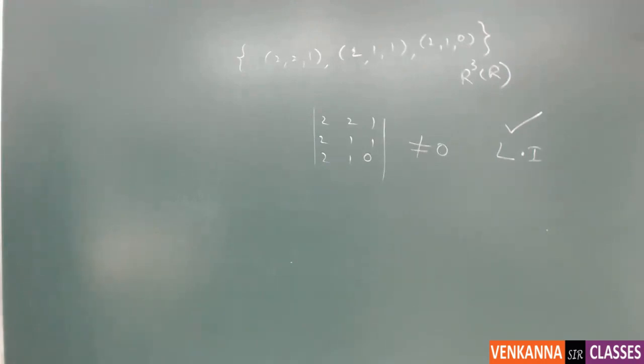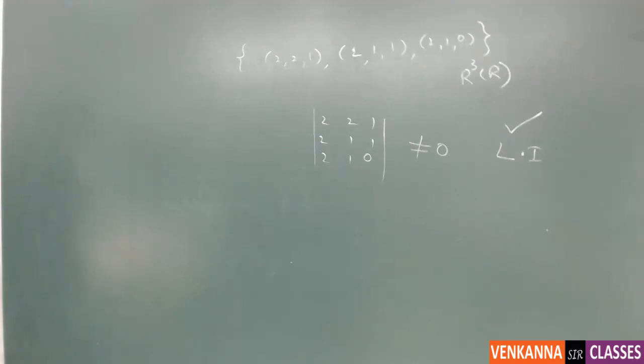You can check the other way around. Agreed? Just try for that. Accepted? Are you getting a row completely 0? No. It is linearly independent.